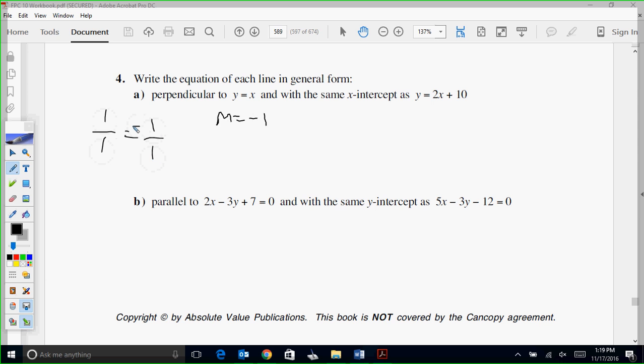But then we switch the sign. Okay? And then we want the same x-intercept as this one. So we have to come over here and find the x-intercept real quick. So you make that 0 minus the 10 divided by the 2. So this would be -5. So then that would be, there's your point. Got my slope, got my point, I'm ready to go. Okay? All right, I'll stop there.